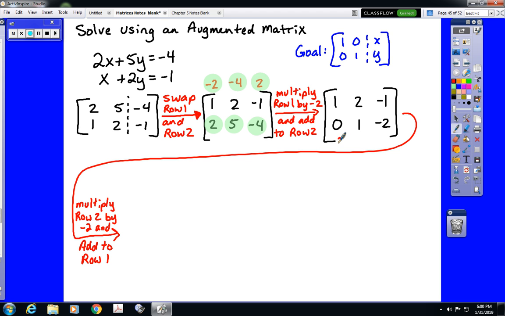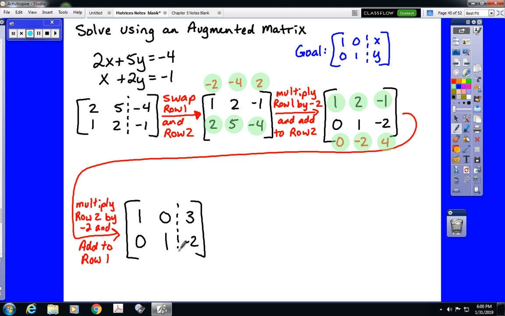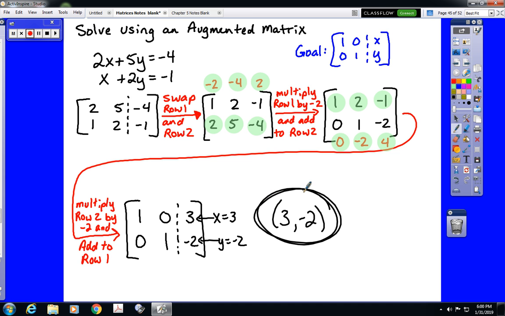So that would be 0, -2, +4, and then we would add those values together, which would give us our final answer for the augmented matrix part. Our new first row would be 1, 0, 3, and our second row is still 0, 1, -2. So again, that is done. Our answer is 3, -2.